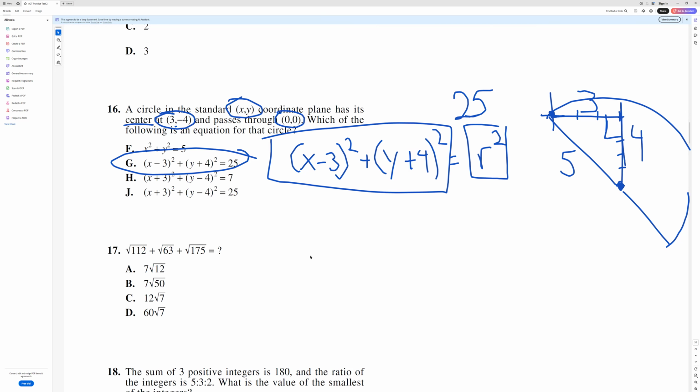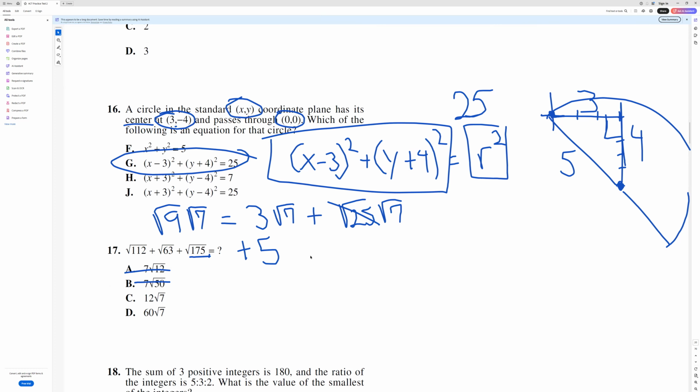Now look at 63. Let's do 9 times 7, so we're going to break it into 9 and 7. The square root of 9 is 3, so 3 radical 7 plus the square root of 175. If you had 175 in quarters, it's 7 quarters, so that would be the square root of 25 times the square root of 7. So that's 3 radical 7 plus 5 radical 7, because the square root of 25 is 5.